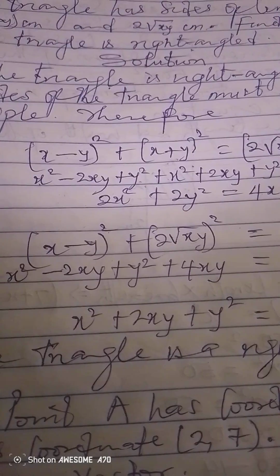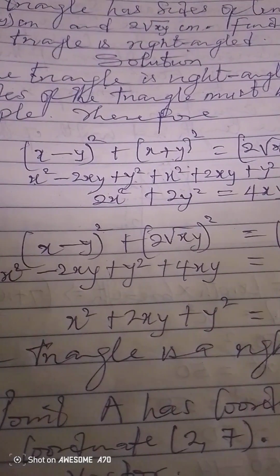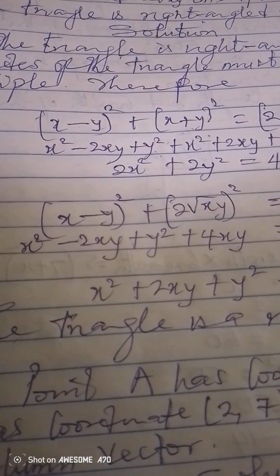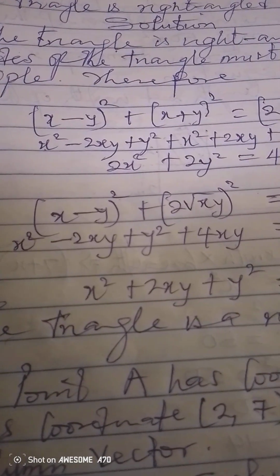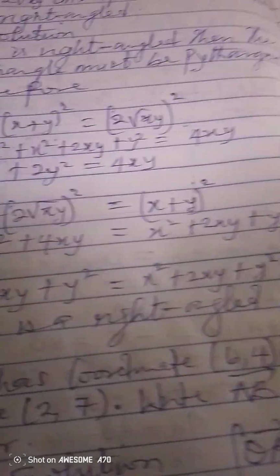(x minus y) squared plus (2 root xy) all squared is equal to (x plus y) all squared. If we open the brackets, we have x squared minus 2xy plus y squared plus 4xy is equal to x squared plus 2xy plus y squared.